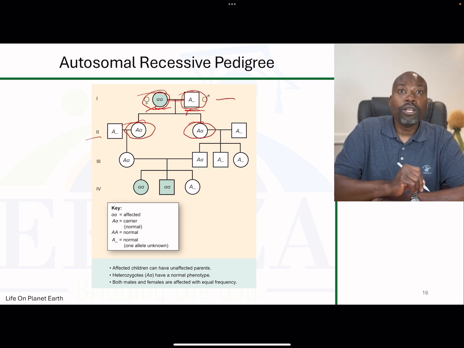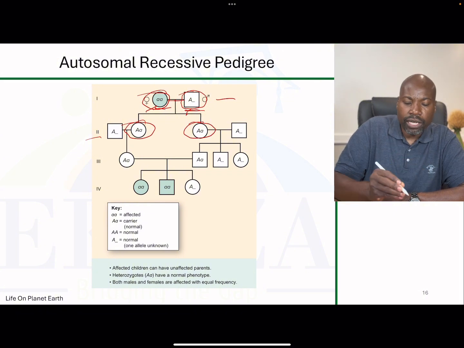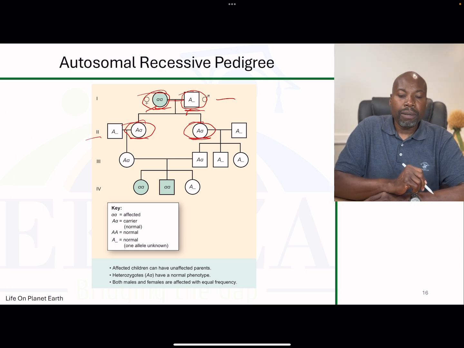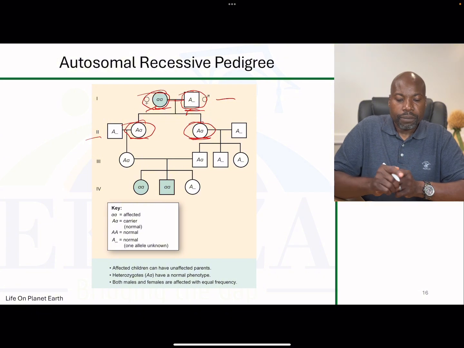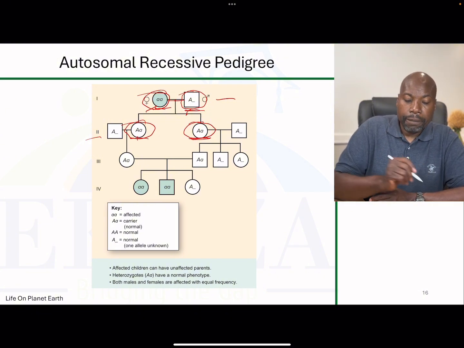Dad, we know that he can produce at least one kind of gamete, if not two, right? But what we do see in this particular example is that the children, which are both female, are unaffected, right? However, these children are heterozygous, okay?